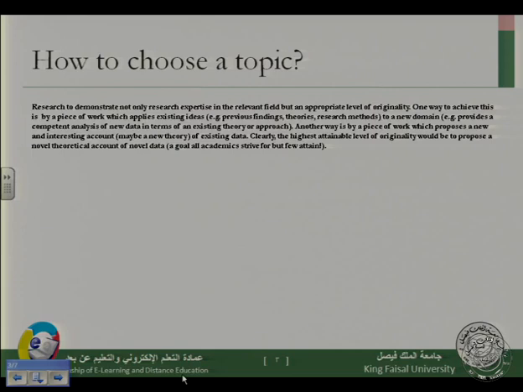So it is like an accumulative type of knowledge. It's accumulating from one piece of research to another. So this is one way to find a topic, and the best way is when you read an article or a dissertation or a thesis, there is a section at the end of that research called recommendations for further research.